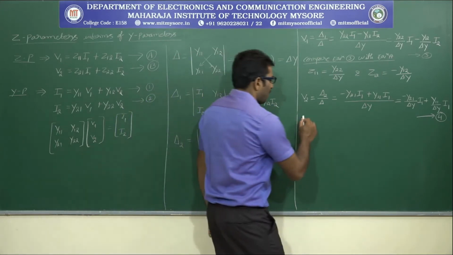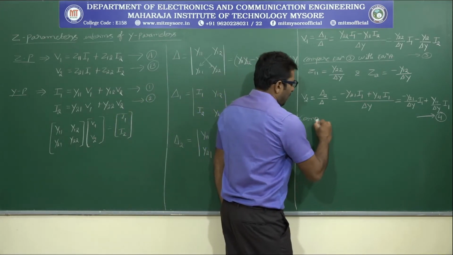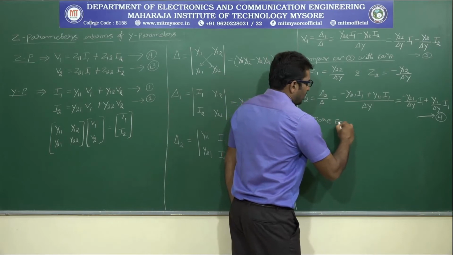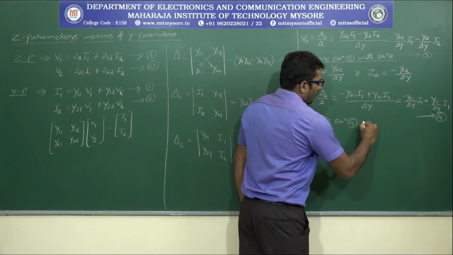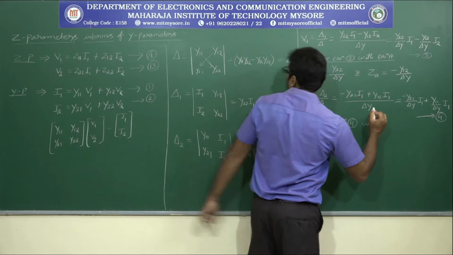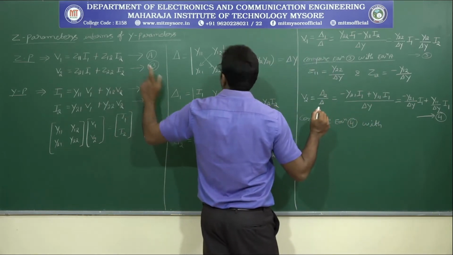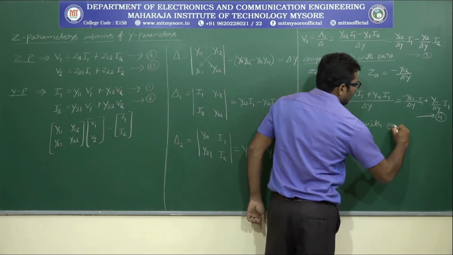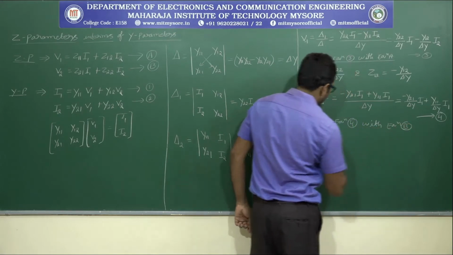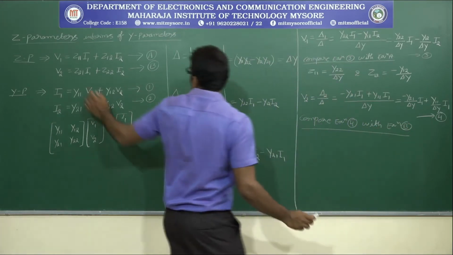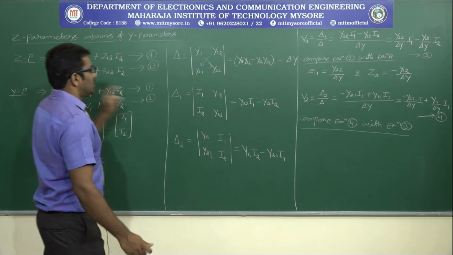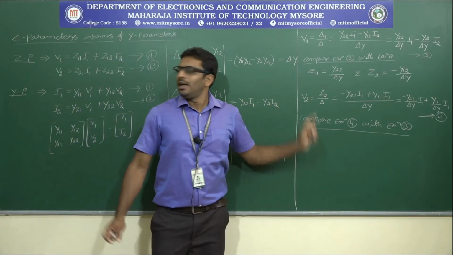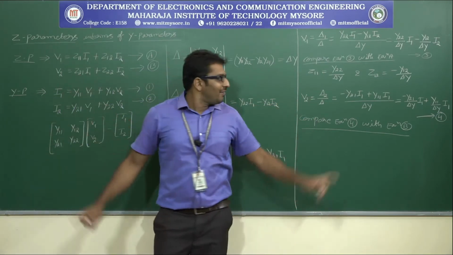Okay, now compare equation 4 with equation B. See, what is equation B? V2 is equal to Z21 I1.